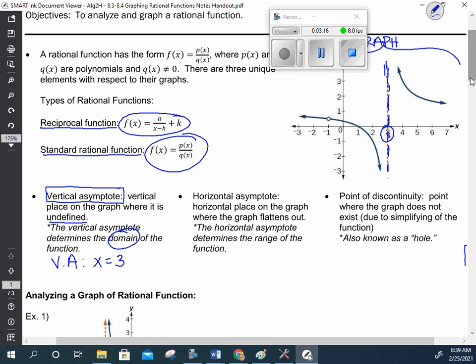What that also means is your domain is x cannot equal 3. So for the domain of a rational function, you're telling what numbers you can't put in.